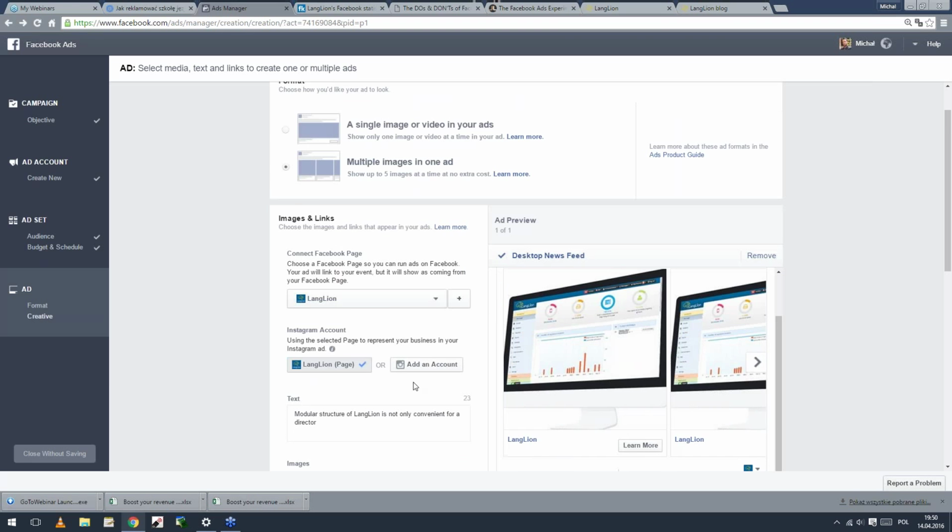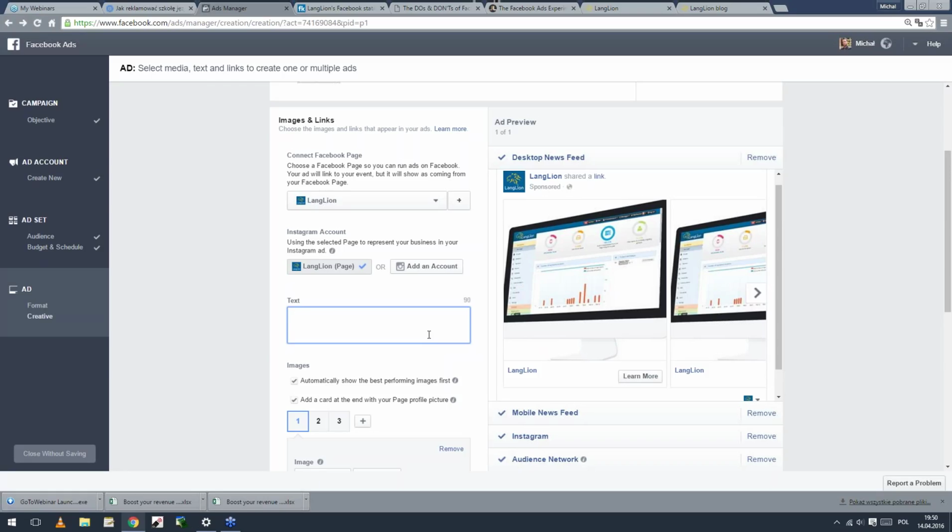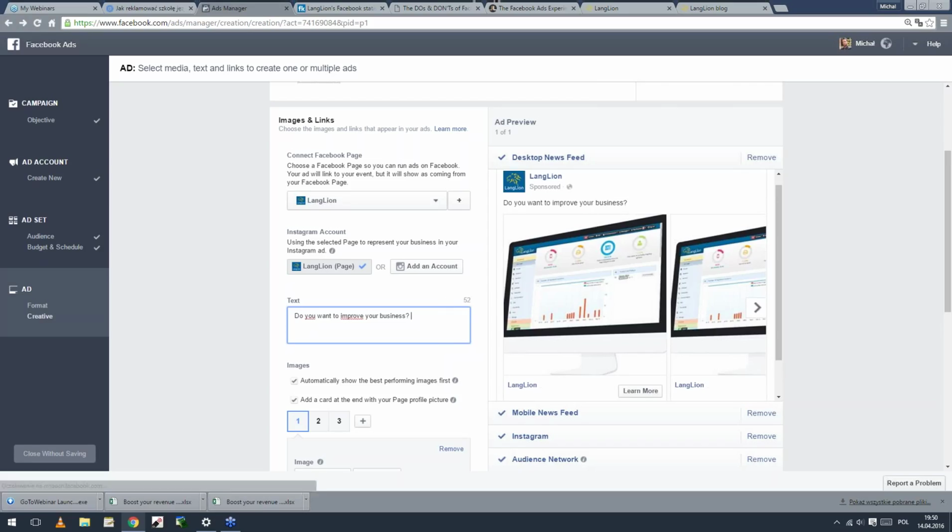So I can change the text here, and I have 90 signs for this. For example, do you want to improve your business? My recommendation, if you want to make it effective, don't put more than half of the space, or slightly more than half of the space that you have here.